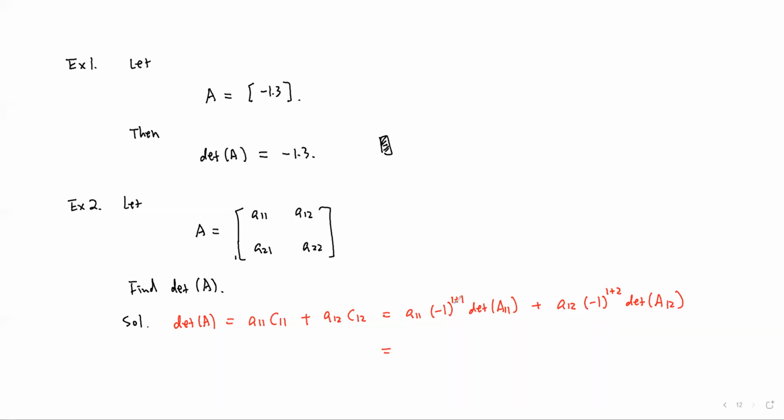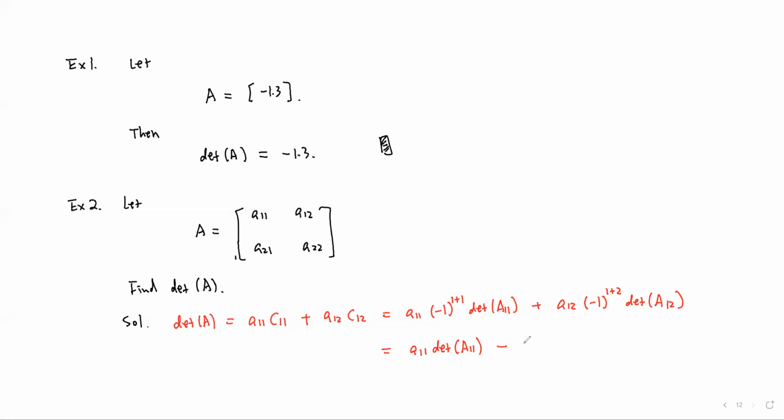All right, now let me simplify this expression. Negative 1 to the 2, since 1 plus 1 is 2, is positive 1. So this is a11 times the determinant of A11. Negative 1 to the third, since 1 plus 2 is 3, is negative 1.